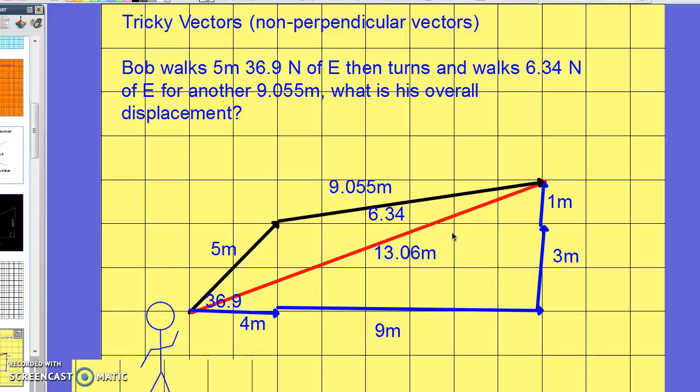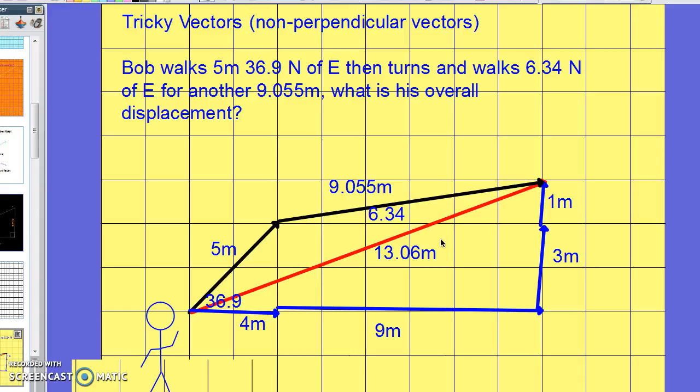So, in review, for all of these problems, write down the individual vectors individually. Treat each one individually if it's not already on the x and y axis. If it's already a north-south, east-west vector, if it's already an up-down, left-right vector, then it's easy to work with.